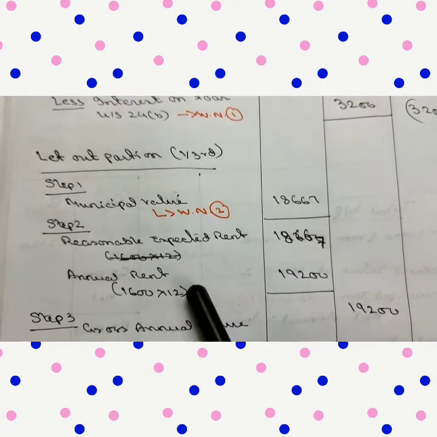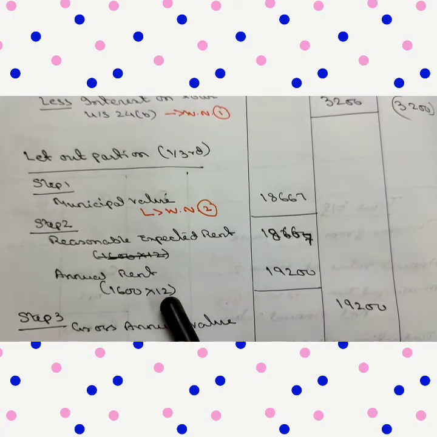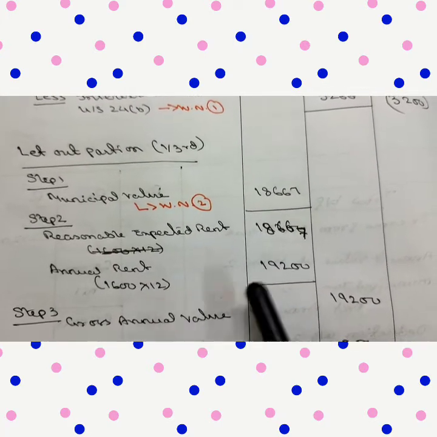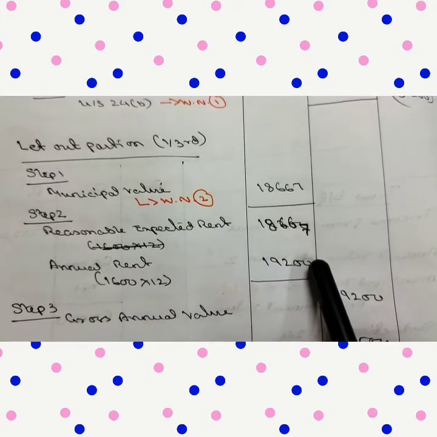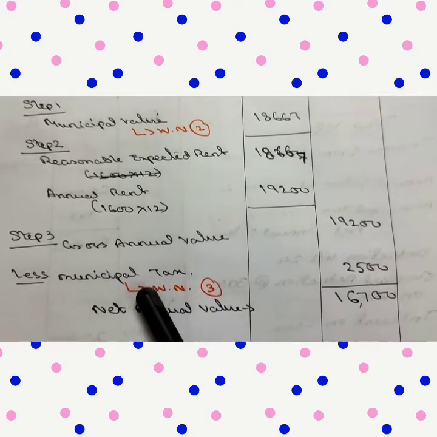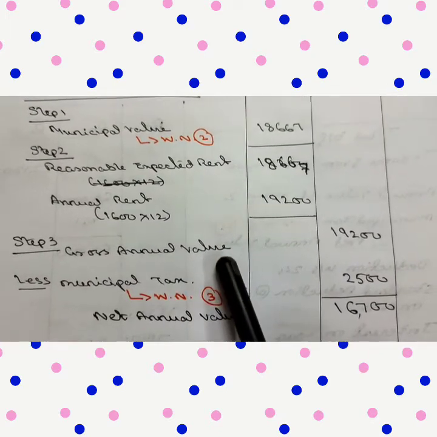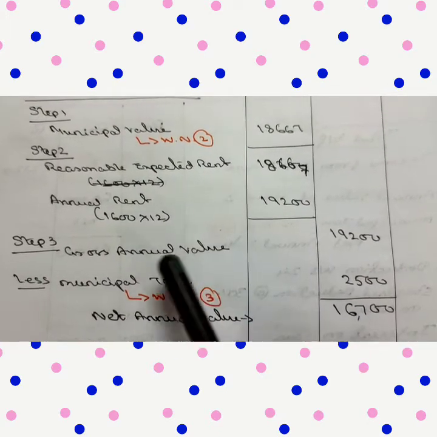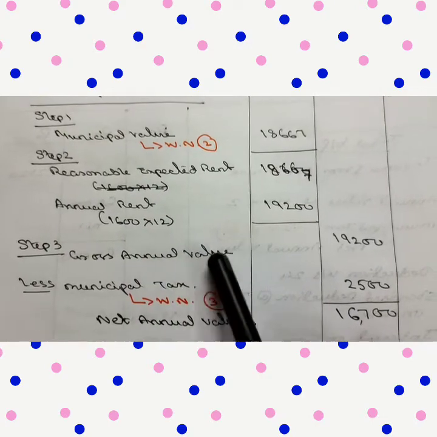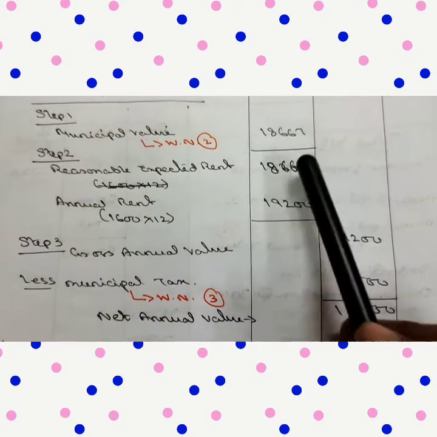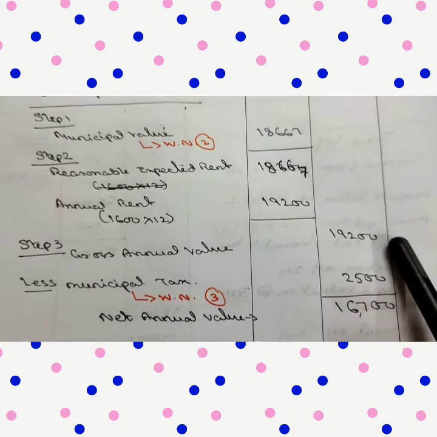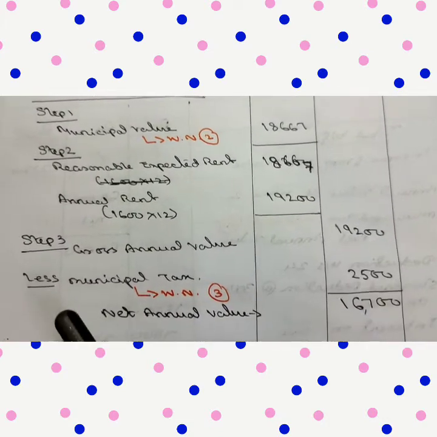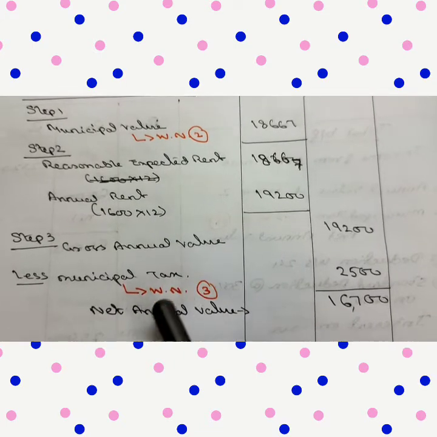Annual rent. Annual rent is 1600 per month. So 1600 into 12, 19,200 is your total annual rent. So in step 3, gross annual value, there is no loss due to vacancy. Gross annual value is the higher of these two, and this higher is 19,200. From here you have to deduct municipal tax.